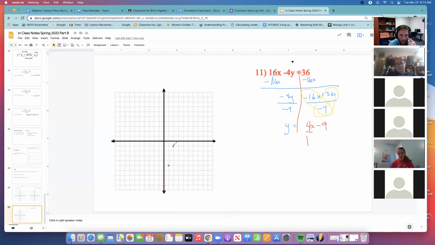Do you guys think after this year you could take an equation like this? Oh God, I cannot draw a straight line. That's my fault. There we go. It should look like that. Do you guys think that after this year you could graph these by hand in like 15 seconds?